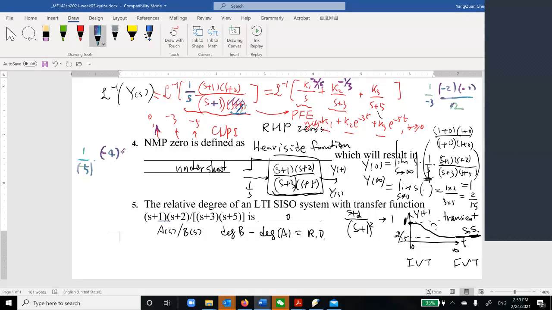Oh, sorry, -5 plus 2 is -3. Then you have -5 plus 3 is -2. What you get is 2. So it's positive first. Positive, then you have 6 divided by 5. So it's +6 divided by 5.